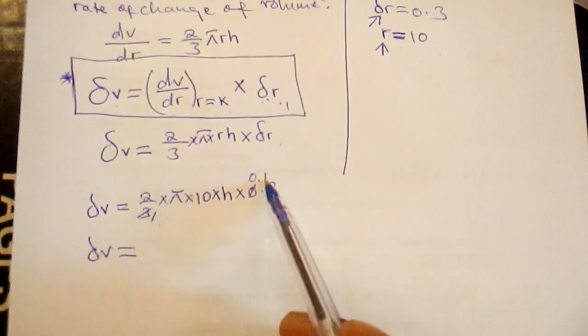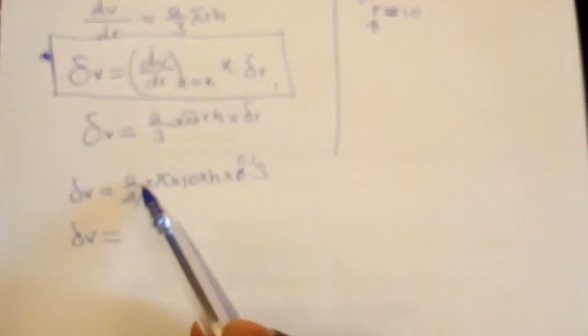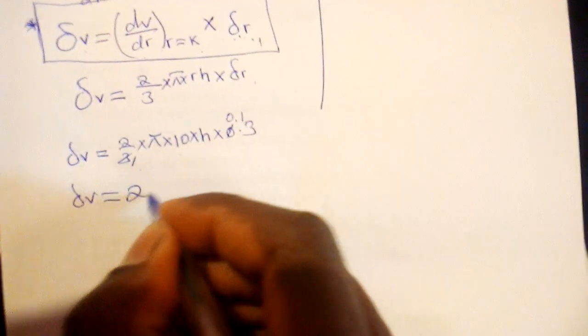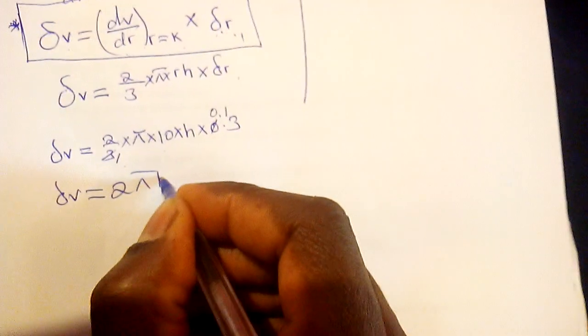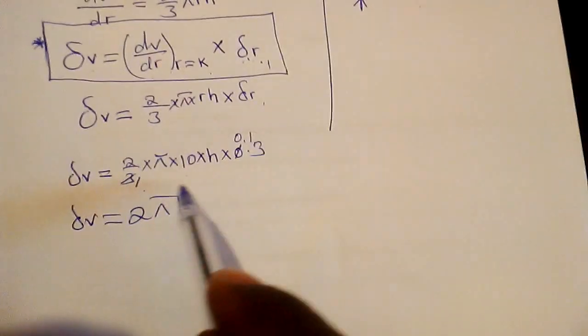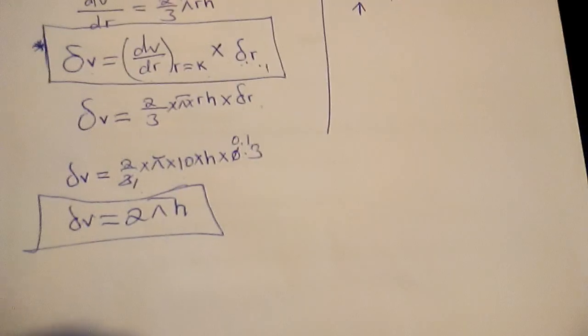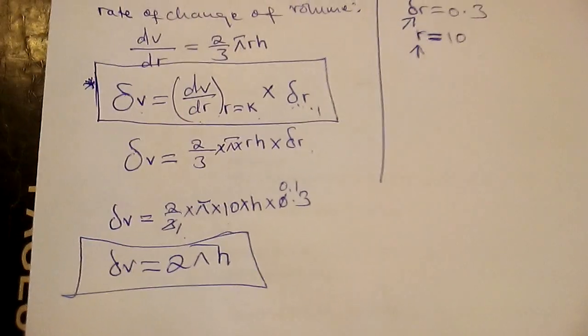Now if you multiply 0.1 times 10, we have 1, 1 by 2 is 2. So here you have 2 pi h, correct? Take note, this is the change in volume. Okay, that's what you do.